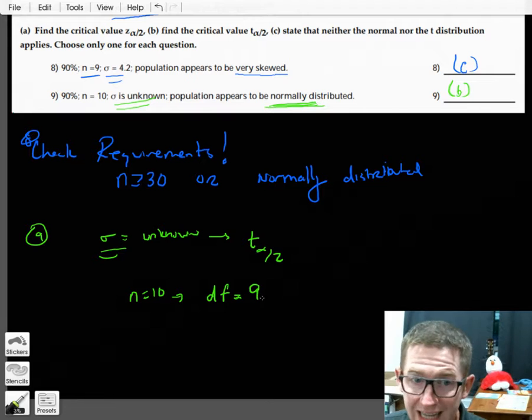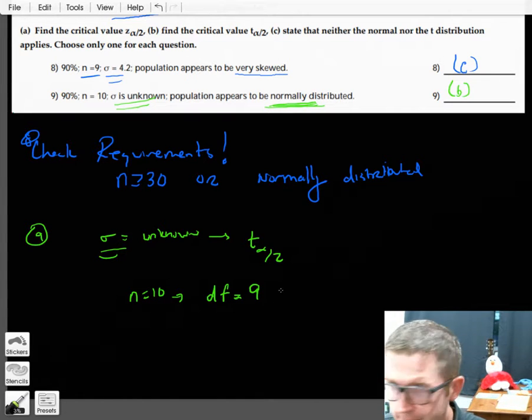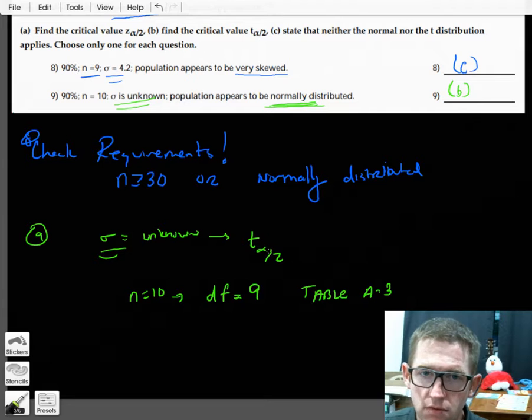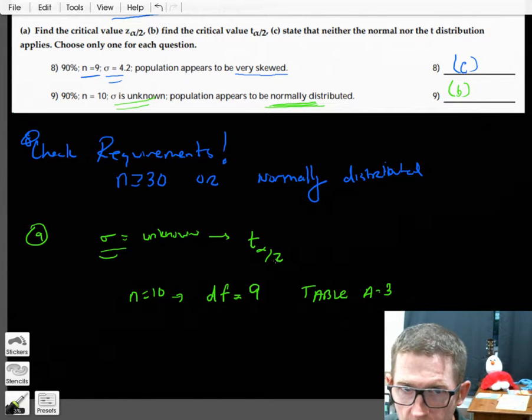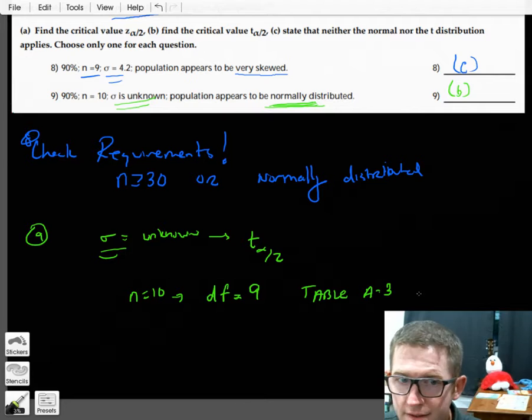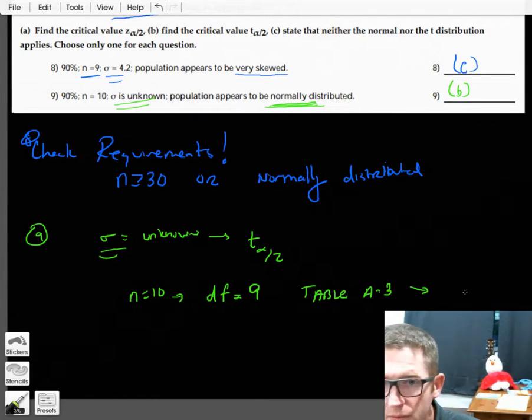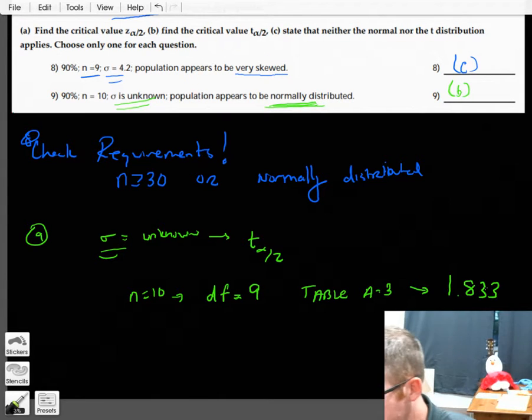We look at table A3 to find T alpha over 2, to find your critical value. That's the only way to do it for this problem. So we look at the table, we go down to degrees of freedom of 9, assuming it's two-tailed, and we find that T is equal to 1.833.